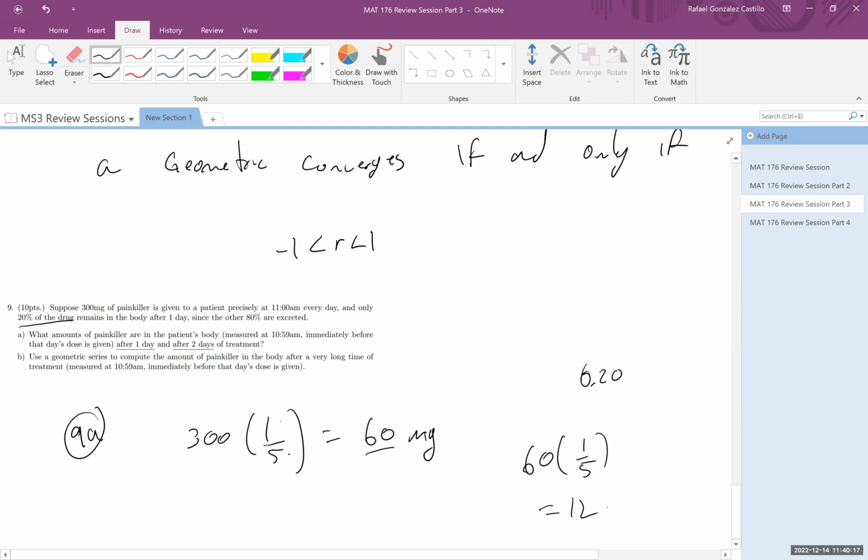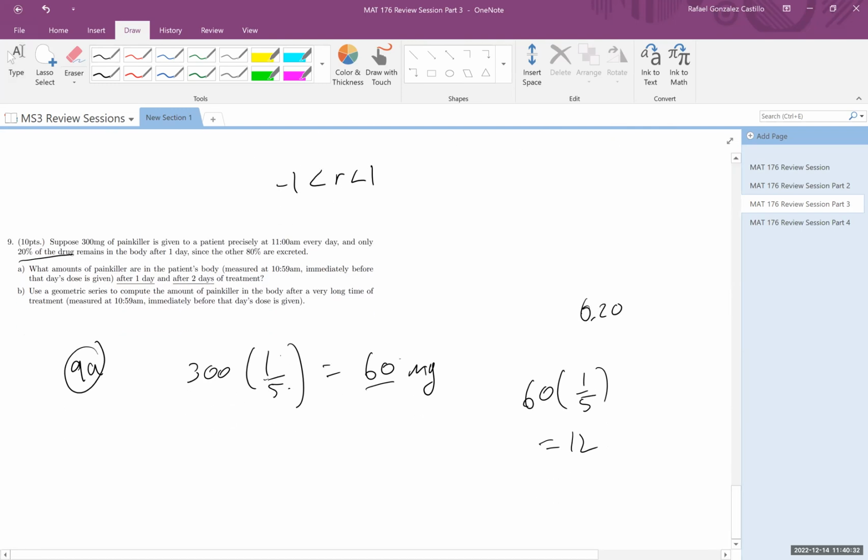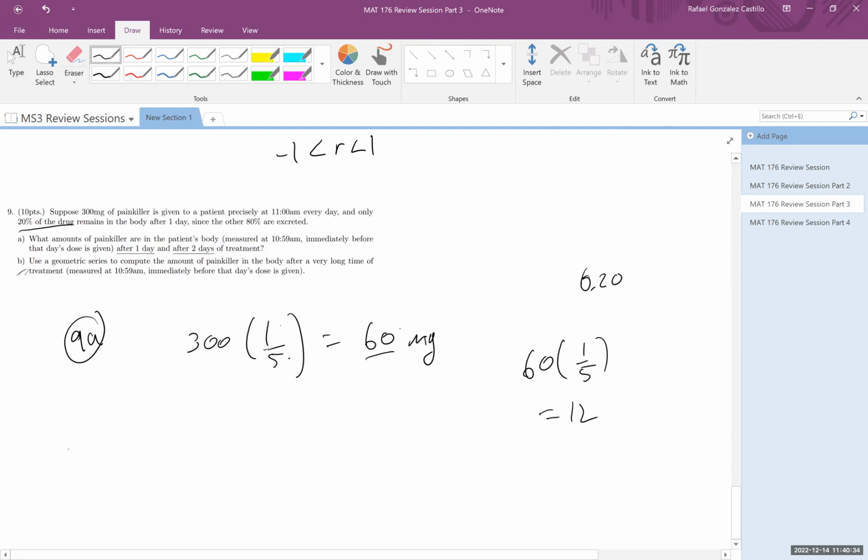So after 2 days of treatment, you should have 60 plus 12. Now, how do you actually use a geometric series to solve this? I agree with Philip, actually.